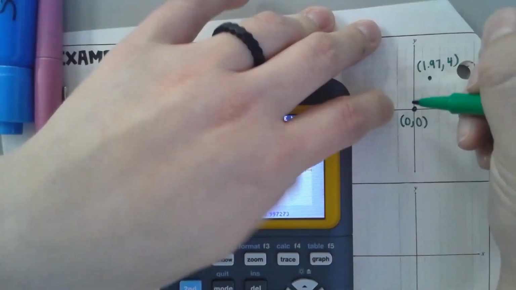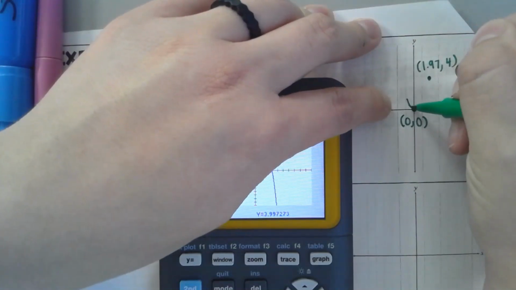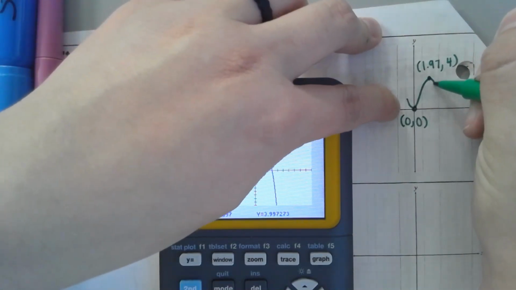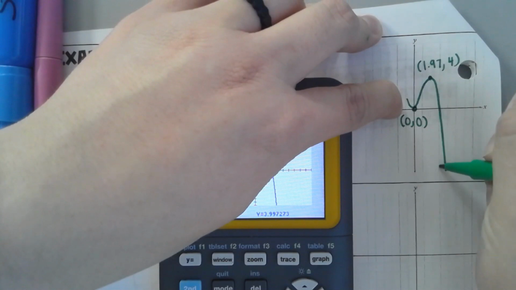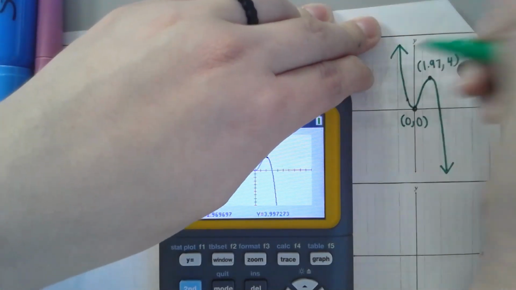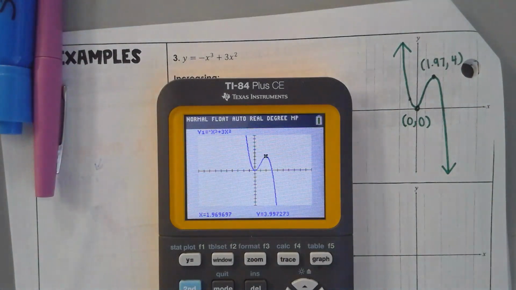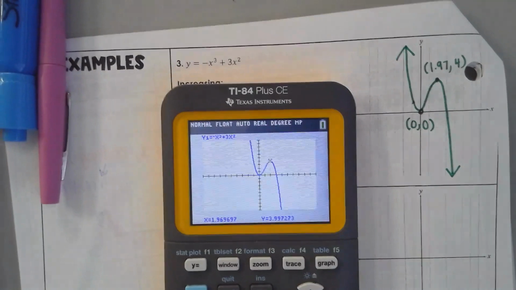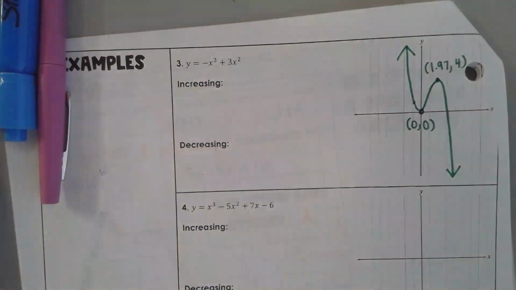And then sketch the line. Any questions on getting the graph?